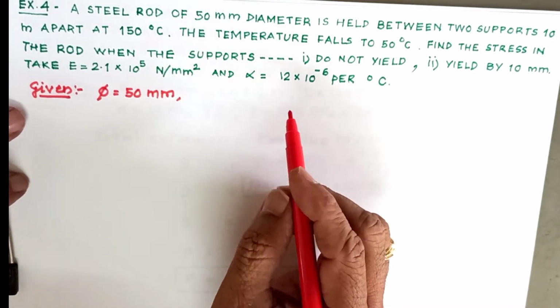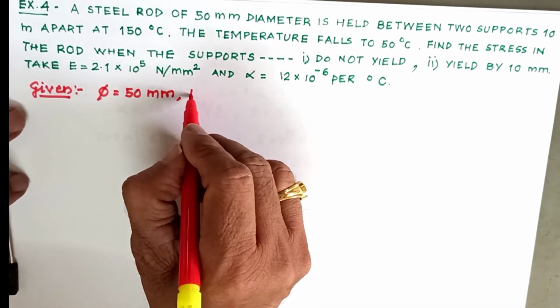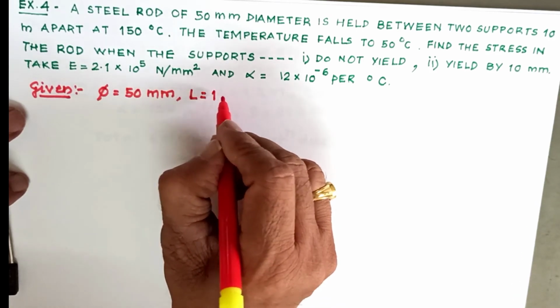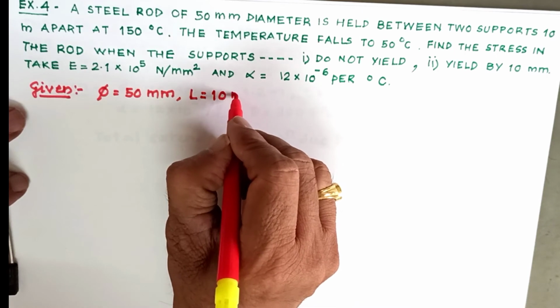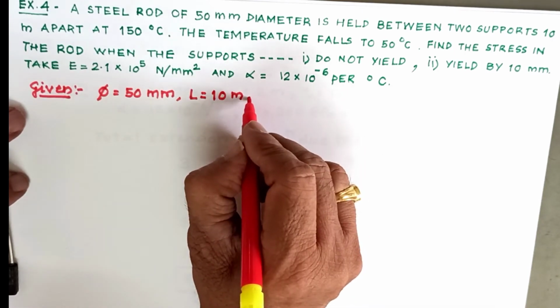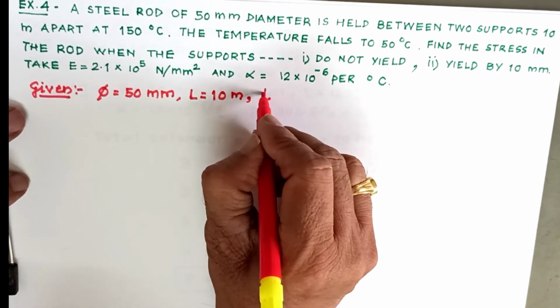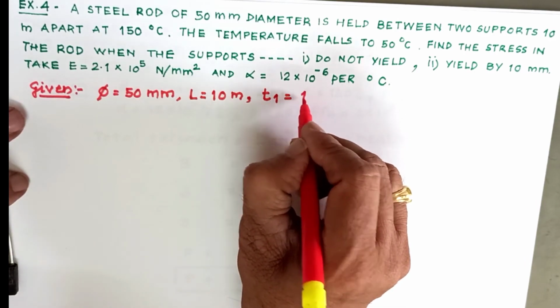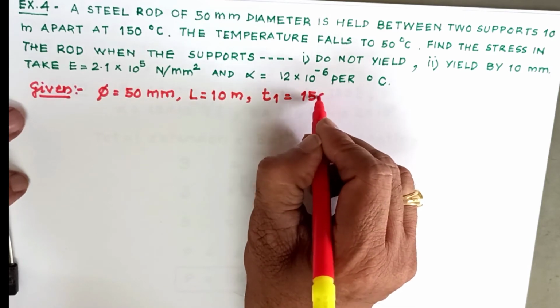Held between two supports 10 meter apart, means the length of the rod is 10 meter. Initial temperature T1 is given as 150 degrees Celsius.